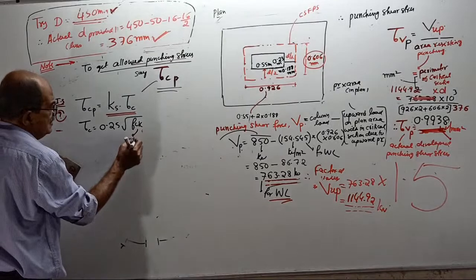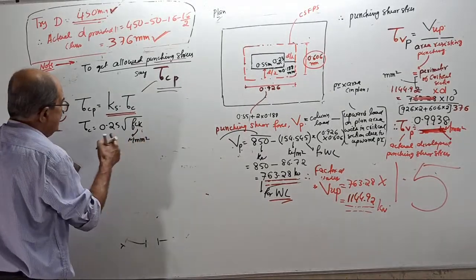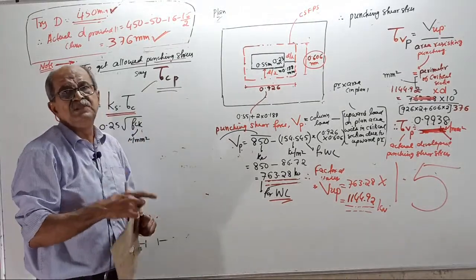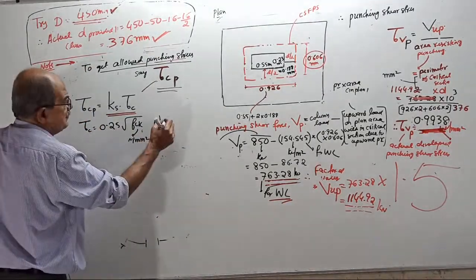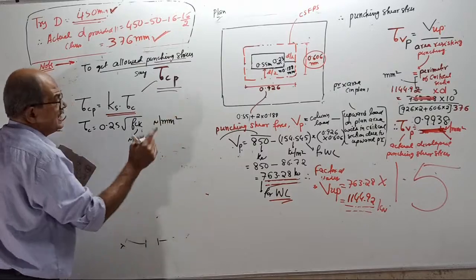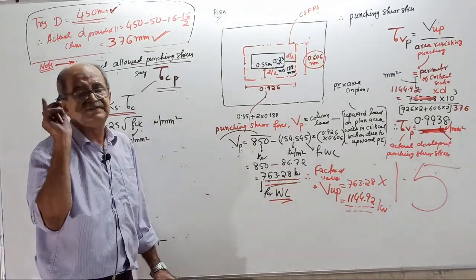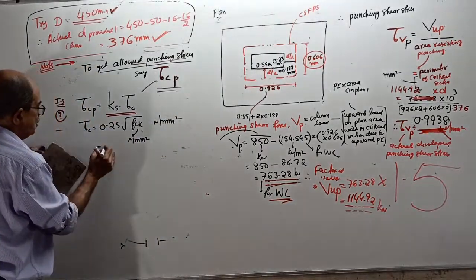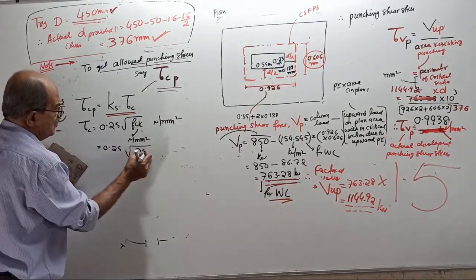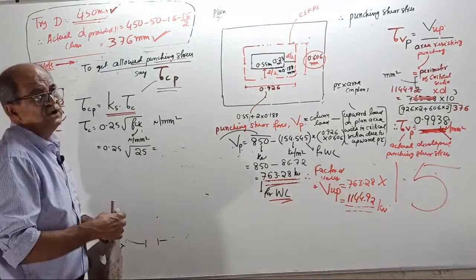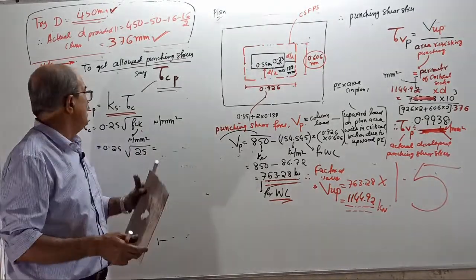FCK should be in Newton per mm square. This is dimensionally non-homogeneous. Tau C comes this much Newton per mm square. Equal to 0.25 into root of 25.